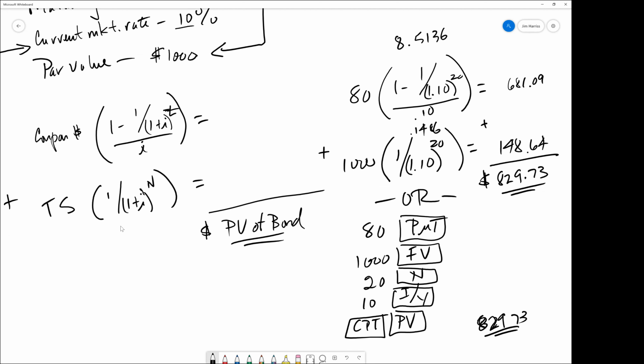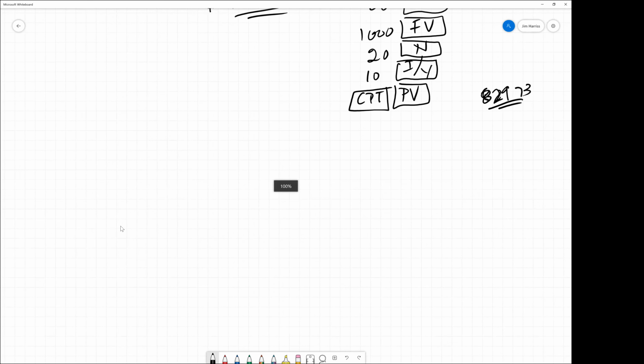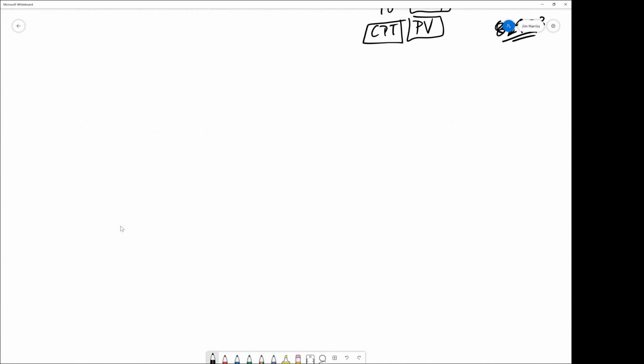So let's do a bond problem based off of the format that I just gave you. Before I do it though, I got to tell you one other thing. We're going to be looking for 4 answers to a bond problem.